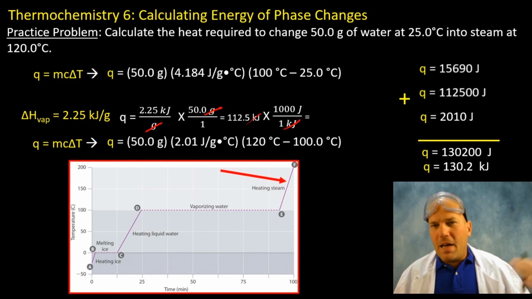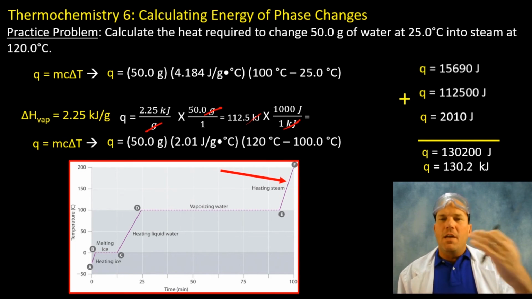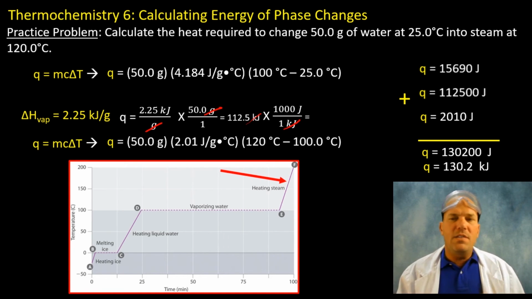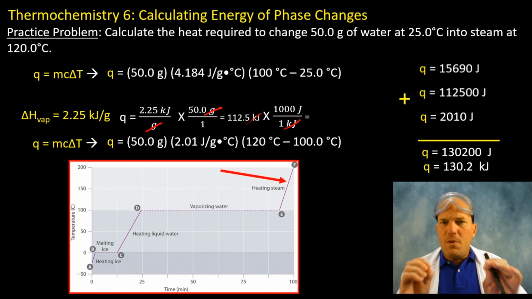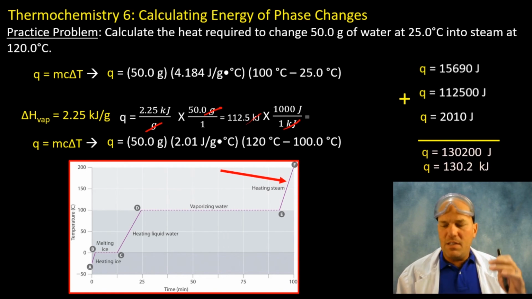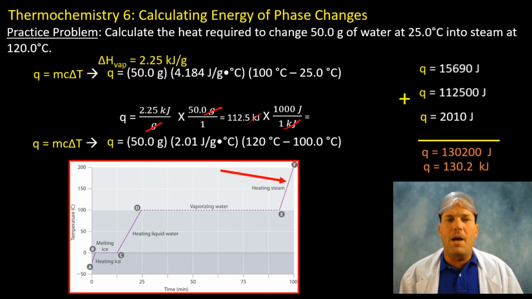Divide by 1,000 or bump that decimal 3 spots to the left. And whether it's in joules or kilojoules is not important. Just be aware of significant figures. Pay attention to the significant figures. These are acceptable final answers for this particular problem.